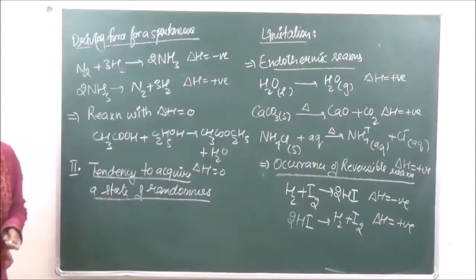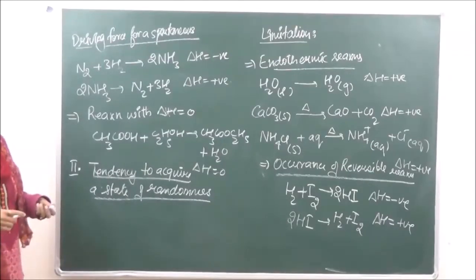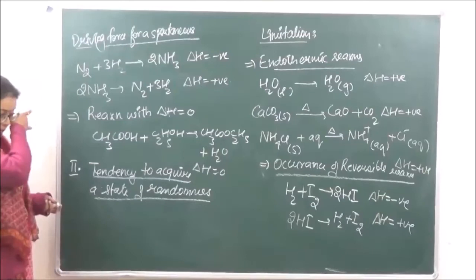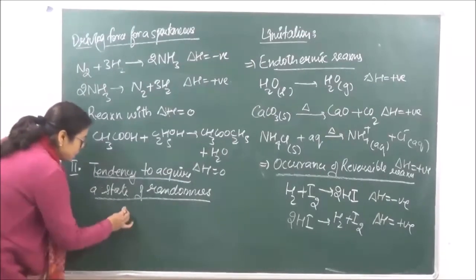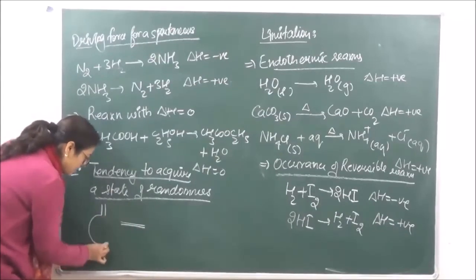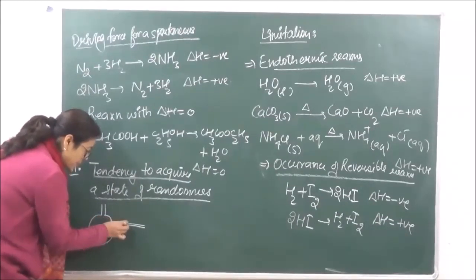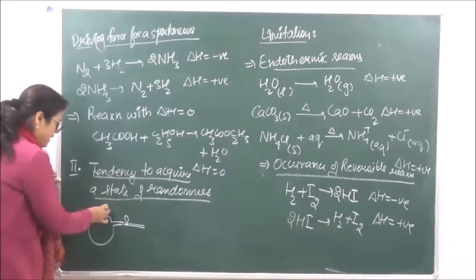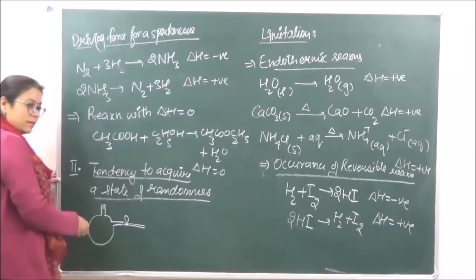ठीक है? Now let's say, okay, so what we are doing over here, we are taking two gases just to illustrate this. दो gases हम लोगों ने ले ली इस तरह से, we've taken a stopcock over here and we have taken one gas over here, right?